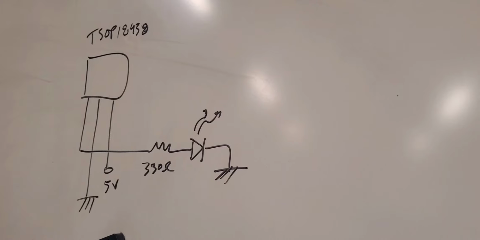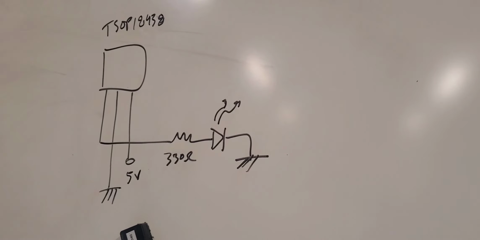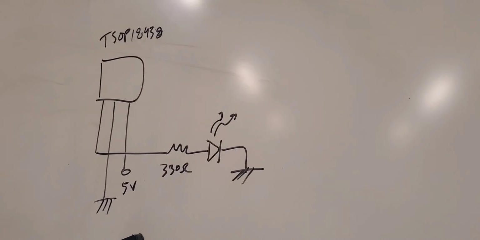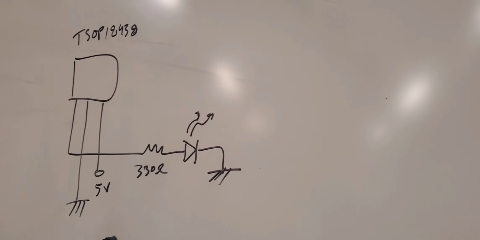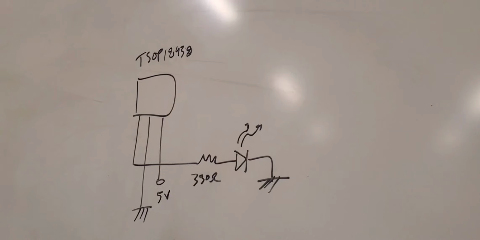So here's a circuit that's been drawn, and you might have noticed that I'm not drawing them on my laptop, since right now I'm feeling too lazy for some reason.